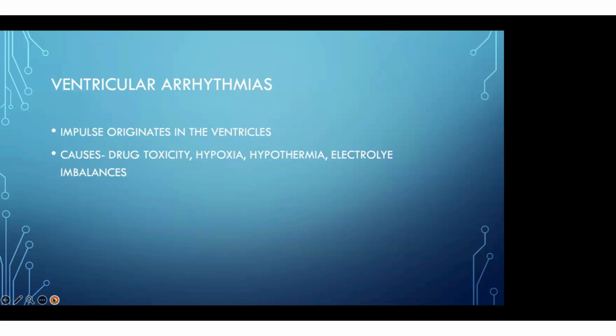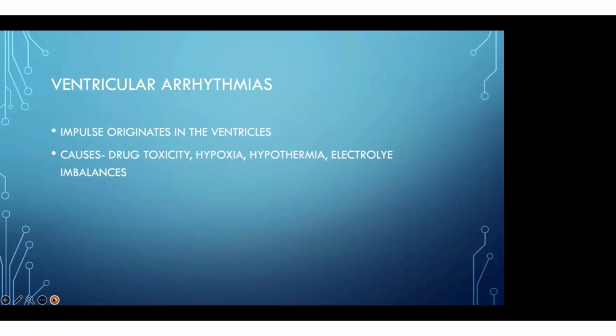Until now, the narrow QRS impulses originated from the atria and circuited in the atria, but all were conducted through the AV node down the Purkinje fibers. So it's the conduction system, and that's why they were narrow QRS tachycardias. But in ventricular arrhythmias, the impulse originates in the ventricle and is conducted upwards.